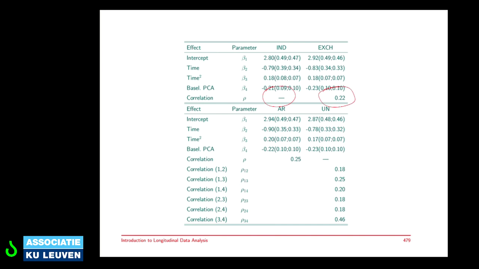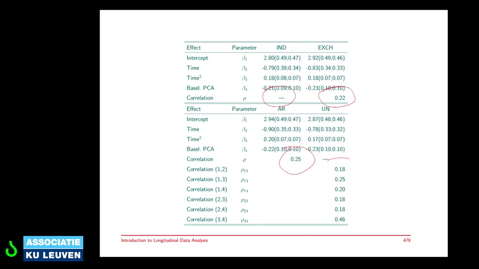Exchangeable produces a working correlation of 0.22, AR1, 0.25, but that, of course, cannot be directly compared. Under exchangeable, every pair of outcomes has a correlation of 0.22. With AR1, it's 2 measurements 3 months apart, but if we go 6 months apart, it's 0.25 squared, and if it's 9 months apart, it's 0.25 to the third.